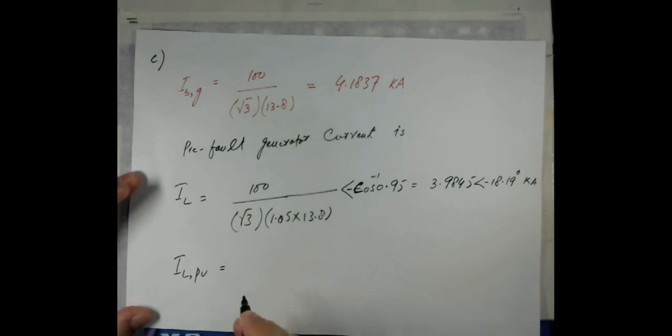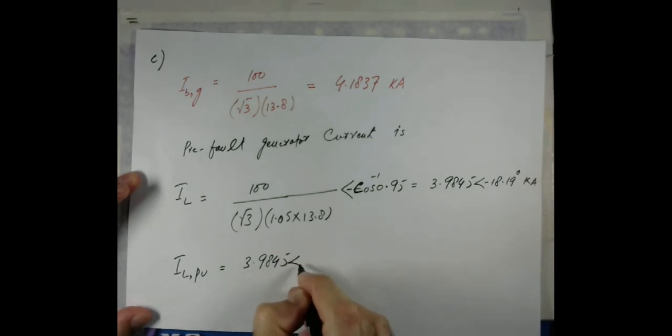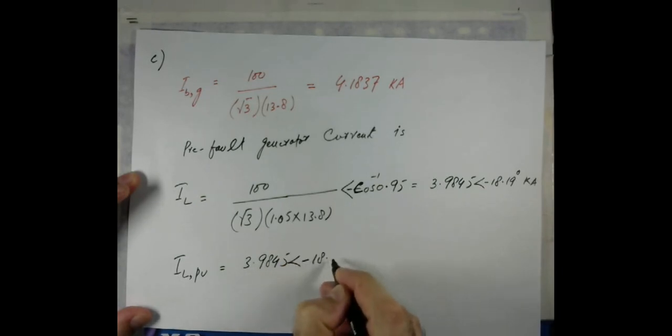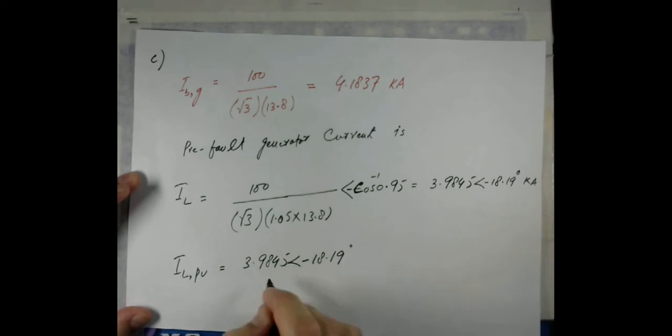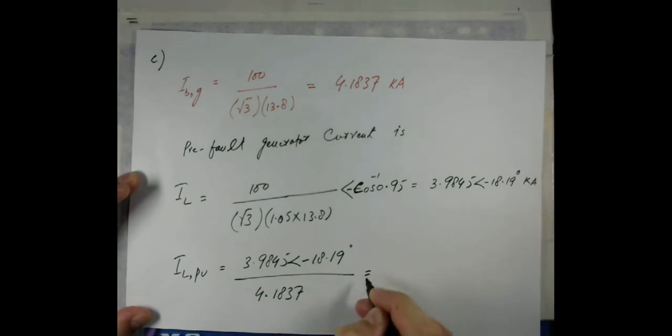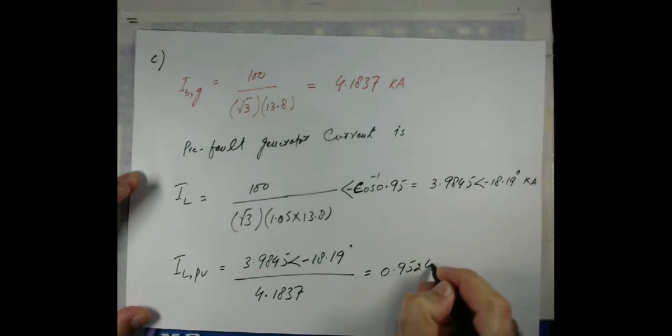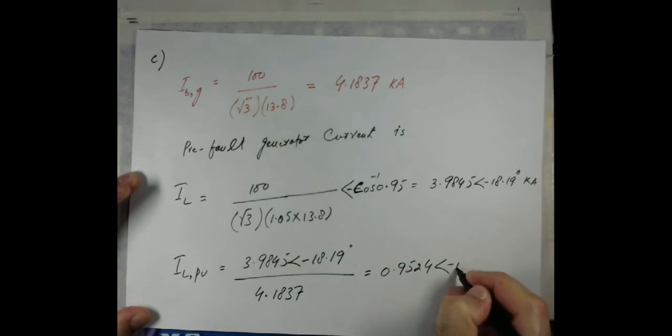So that will be 3.9845 with an angle of minus 18.19 or 4.1837, and that will become 0.9524 with the same angle as this is the base value.